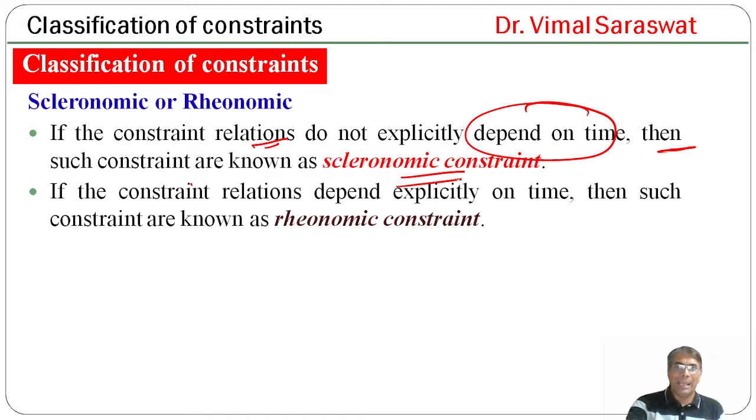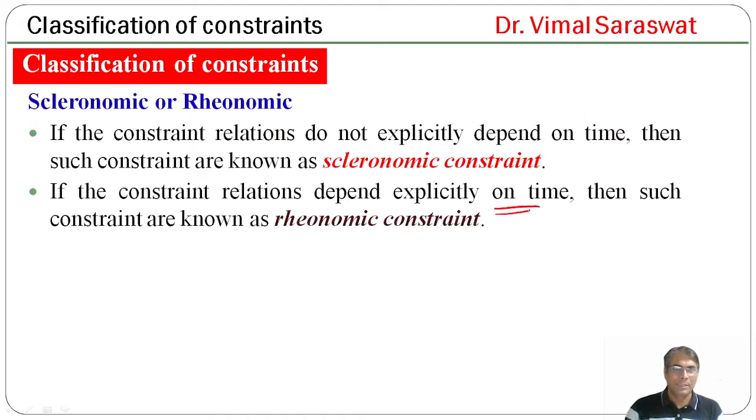And if the constraint relations depend explicitly on time, or the constraints which are not scleronomic, then such constraints are known as rheonomic constraints. So, scleronomic constraints do not explicitly depend on time, whereas rheonomic constraints depend explicitly on time.